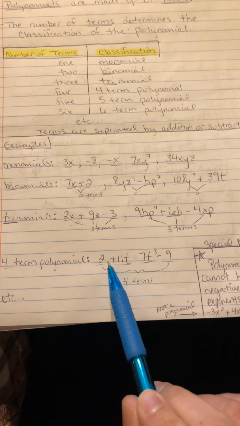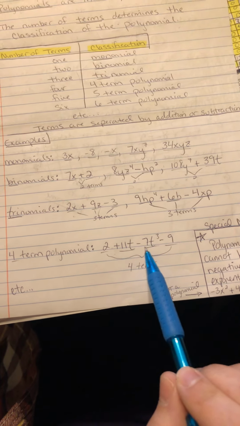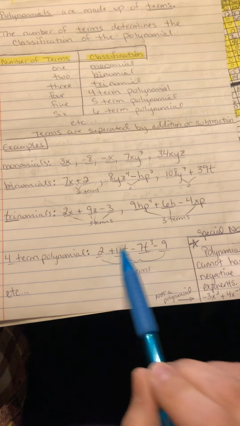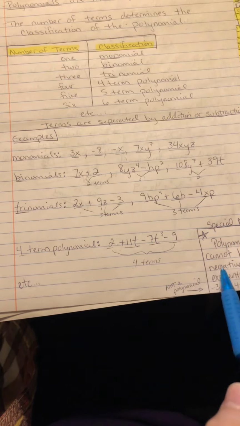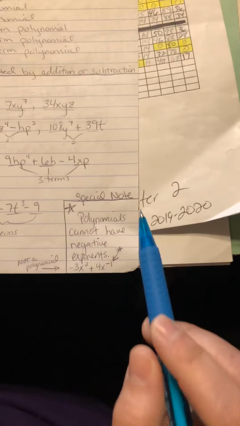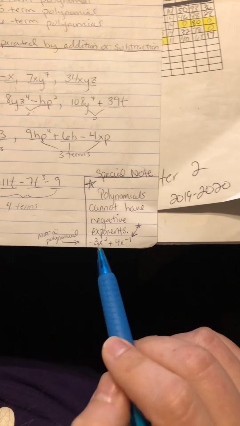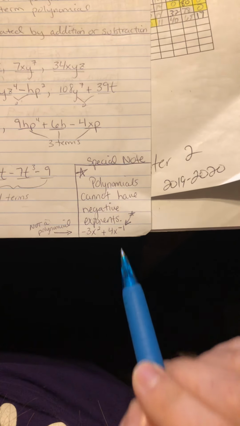Again, a trinomial here. Four-term. We have the difference, subtraction, addition. 2 plus 11t minus 7t to the power of 3 minus 9. Four different terms, 4-term polynomial, etc. If I were to have five different terms, I'd have a 5-term polynomial. Special note, not a polynomial: -3x plus 4x to the power of -1.